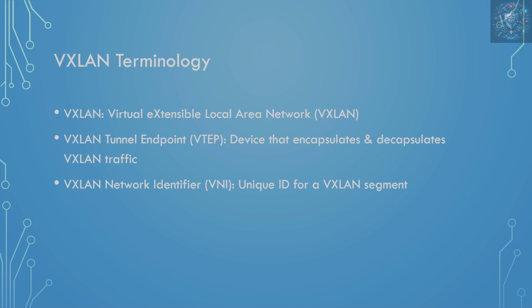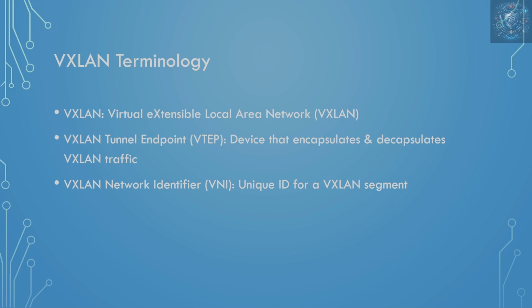Next, we have our VXLAN network identifier, or VNI, which is the unique ID for a VXLAN segment. So just like with a VLAN, we have VLAN 2000. VXLANs have something similar, except with a VNI, they are 24 bits long, which gives us about 16 million IDs compared to a VLAN, which is 12 bits long, which limits us to 4,096 IDs.